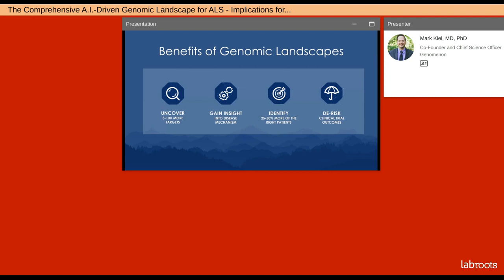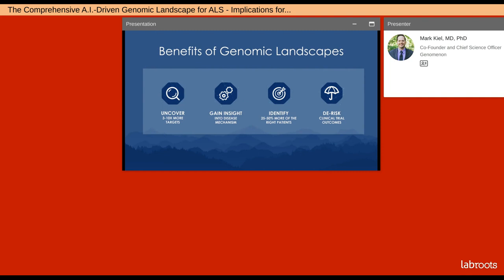And so into this picture enters a genomic landscape. I'll go into much greater depth about what a genomic landscape is, but you can imagine now a genomic landscape at the disease level is a thorough understanding of every gene associated with causation of that disease and every one of its genetic variants, and all of the idiosyncrasies and nuanced associations, even down to the variant level for each of these individual patients.